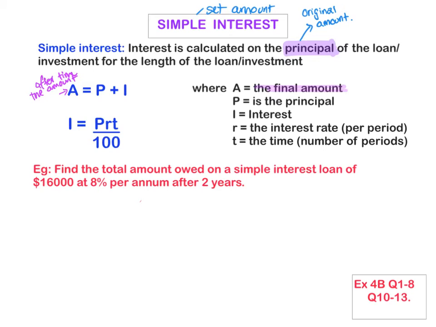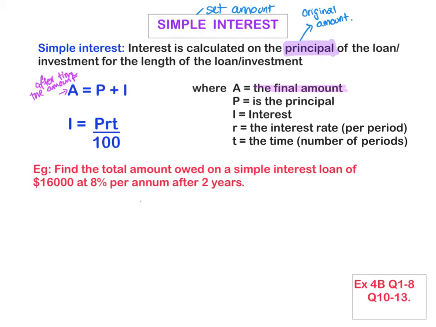Okay, so they might ask you a question. P stands for principal, so we've said the original amount, and I is the interest, so the extra bit you're either paying or getting if it's an investment. The rate is the rate per period. So if I said it was 10% per month, there you go, and the time, that would be months.